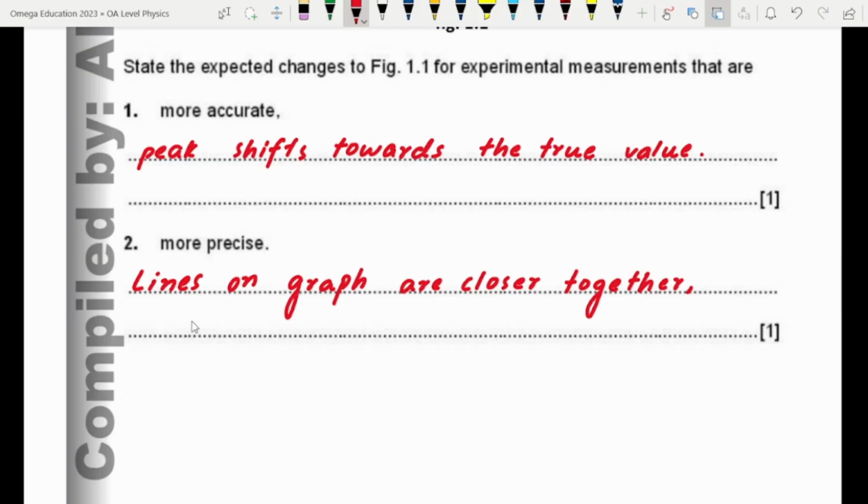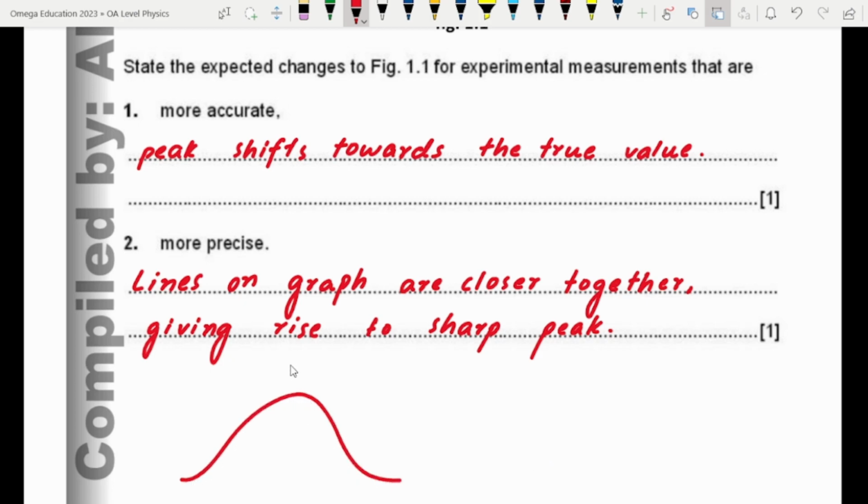And once the lines are closer together, you'll be getting a sharp peak. So this one is not precise, but if the values are precise, you get a sharp peak. And this one is even more precise. So the sharper the peak, the more precise the values would be.